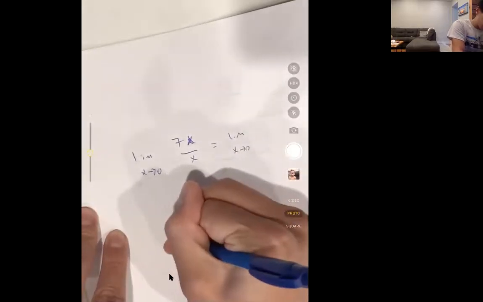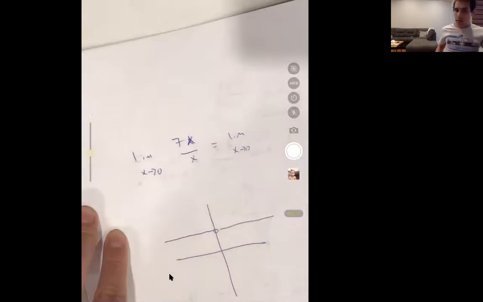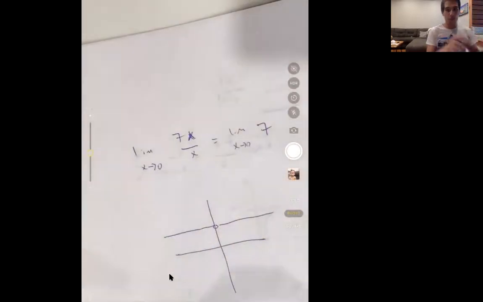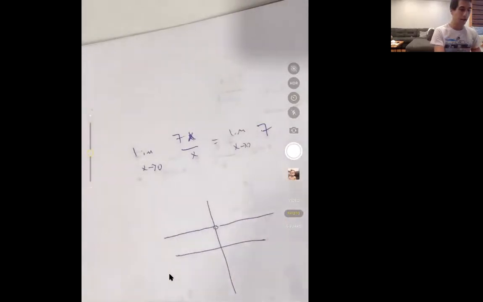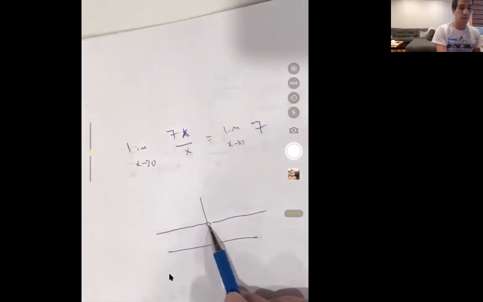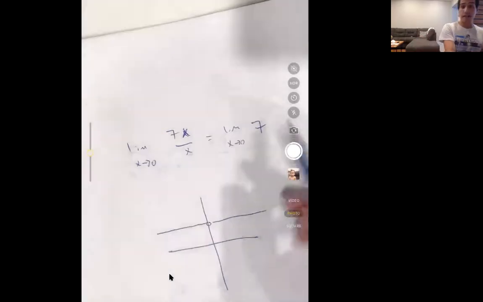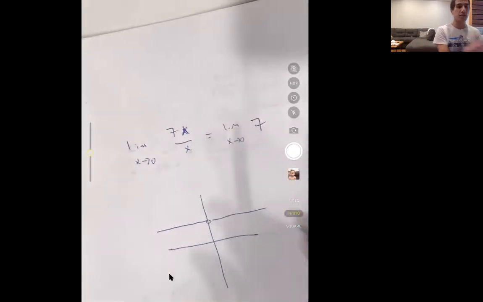It's 7 everywhere. There's a hole at x equals 0, and it's 7 everywhere else. So this is the same function as the limit as x goes to 0 of 7. These two functions, 7x over x and 7, are the same function everywhere except at 0. So I'm just not worried about this hole. And since it's the limit as x approaches 0, it doesn't matter what happens at 0. So these are the same limits. And so this limit, of course, is 7. There's not even an x involved in this limit, so the limit is 7.